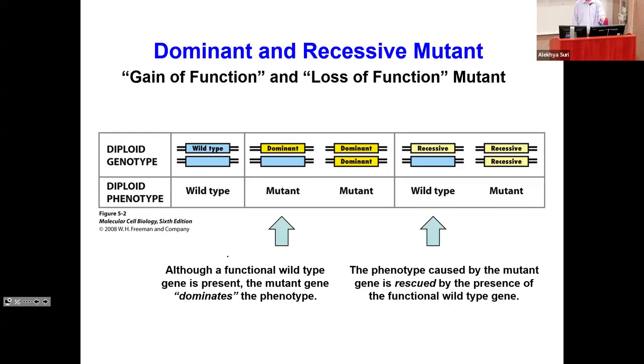But normally every gene would be duplicated because it's present on each duplicated chromosome.